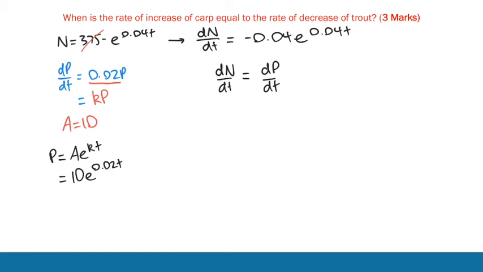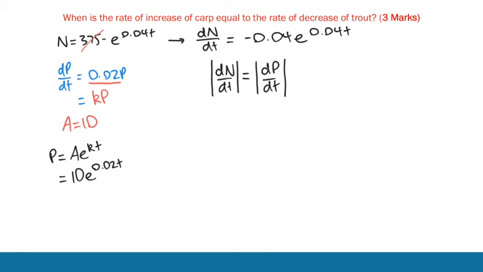What this question's saying is that the magnitude is the same, that trout is going down as fast as carp is going up. So what we actually have to do is take the absolute value of both of these quantities. That's the bit that's hard to get, taking the absolute value. But it's because we don't care about sign, we care about size. This doesn't really do anything complicated.